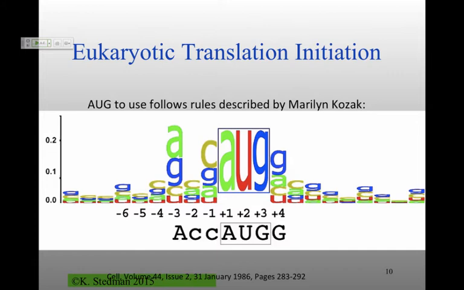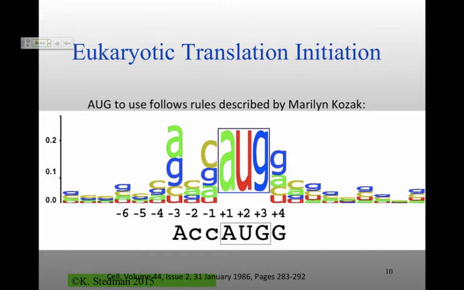And what's important here is it's not just AUG, which you find 99.9% of the time, but you also have a couple of nucleotides, either 5' or 3', which are important for this. So it's not like you have in bacteria, where about 10 nucleotides away you have a ribosome binding site.